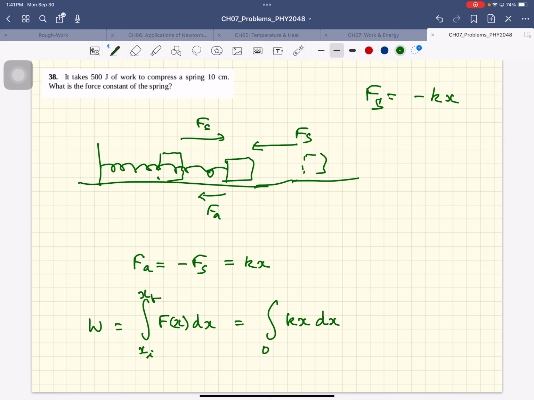So 0.1 meters. Yep. Negative 0.1 meters. You're compressing it to that. But they tell you how much work you did. You did 500 joules of work.